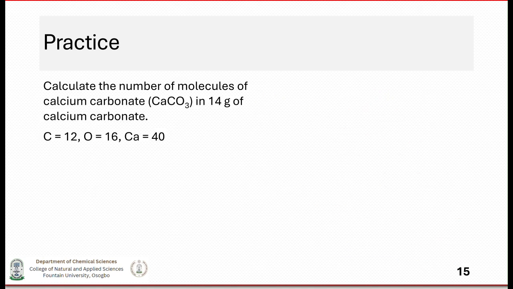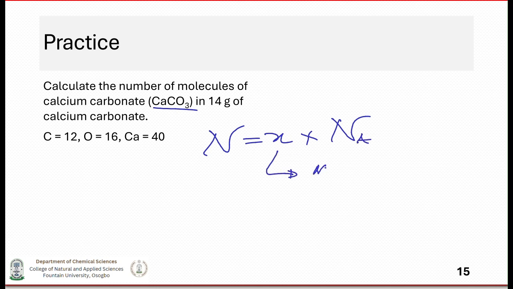So let's look at another calculation here. We are asked to calculate the number of molecules of calcium carbonate in 14 grams of calcium carbonate. As we know, N equals the number of moles times Avogadro's number, and the number of moles equals mass over molar mass.